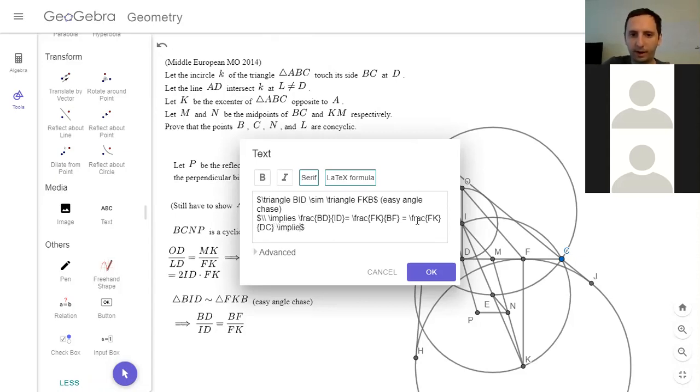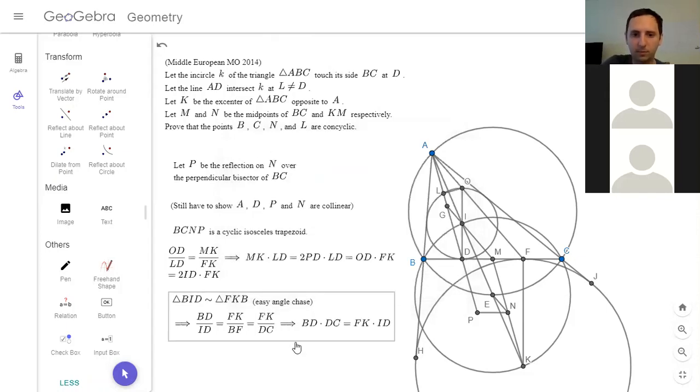That means that BD times DC is equal to FK times ID, which from this is equal to.